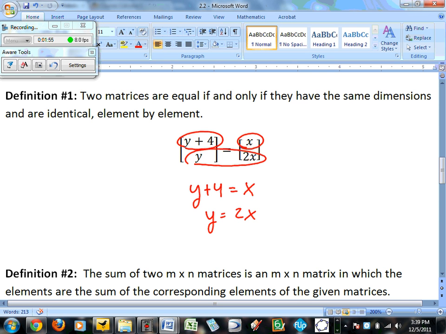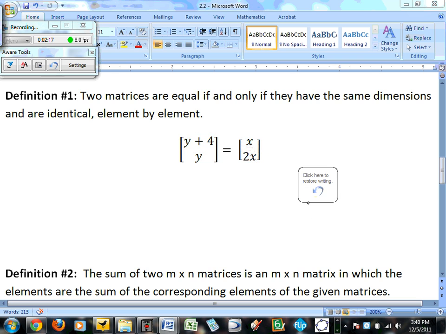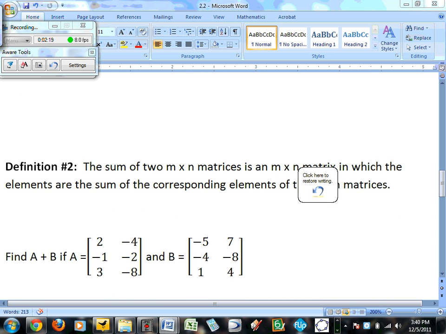If they asked us to solve this, we would solve a system of equations. I'd use substitution. 2x plus 4 equals x. So I would subtract my x over, subtract my 4 over. I get x equals -4 and y equals -8. That's how we solve that matrix equation.